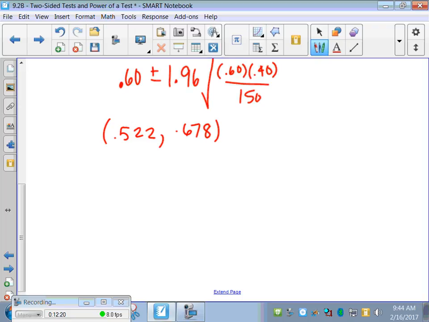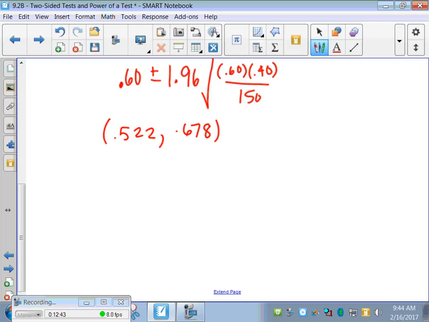So let's compare this information to the last one. They said that the null hypothesis was 50%, right? Is 50% in this interval? No. So we would reject that, right? And say we have evidence that that 50% is not true because it's not in our confidence interval. That's what we would have done before. Which one gives us better information?